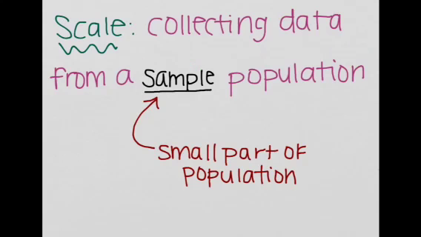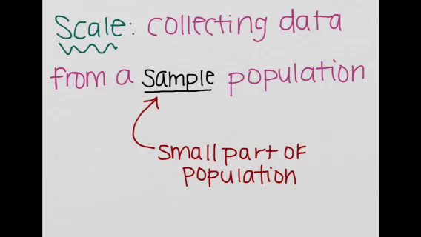Okay, now let's talk quickly about surveys. A survey is where you're collecting data from a sample population. So it's a small part of the population. For example, if you wanted to find how many students in America enjoy soccer, it's going to be really hard for you to go to each and every single kid in America to ask them if they like soccer or not.